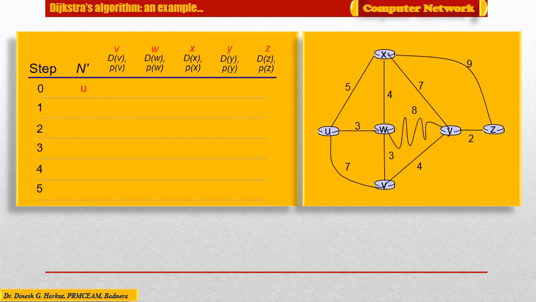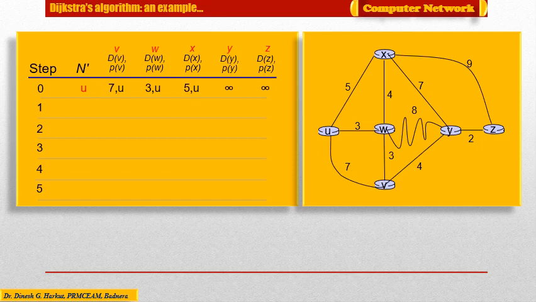In the initial stage, that is step number 0, U being the source, as node U is directly connected with X, W and V, the values associated with these links are UX 5, UW 3, UV 7.